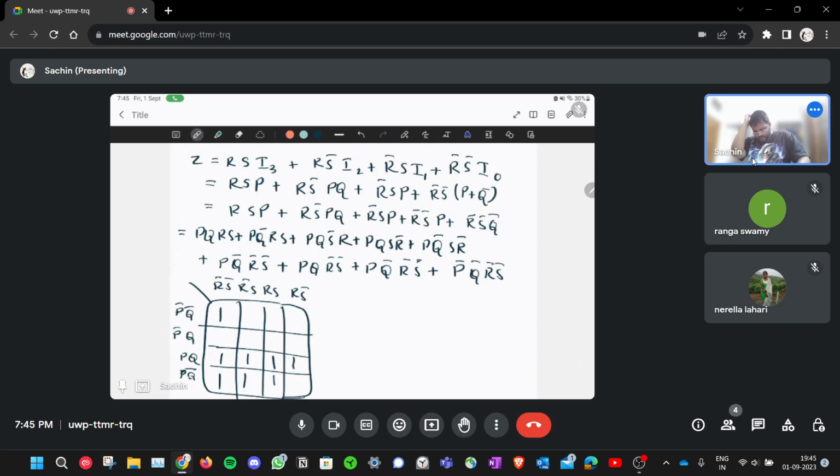I have PQRS, I have PQ bar RS, PQ S bar R here, PQ SR bar is here, PQ bar SR bar is here, PQ bar R bar S bar here, PQ R bar S bar, PQ bar R bar S bar.